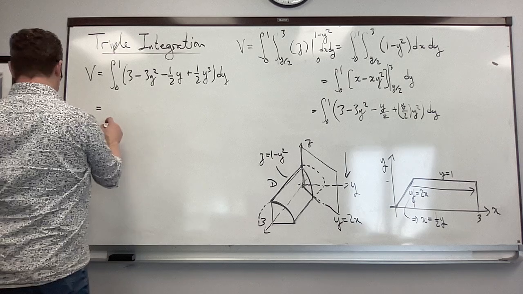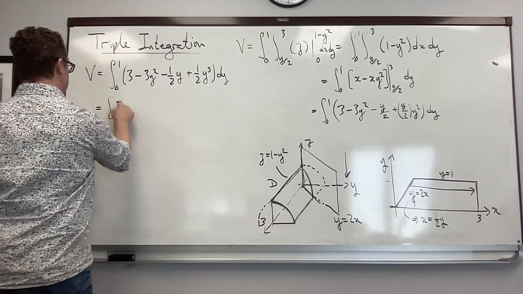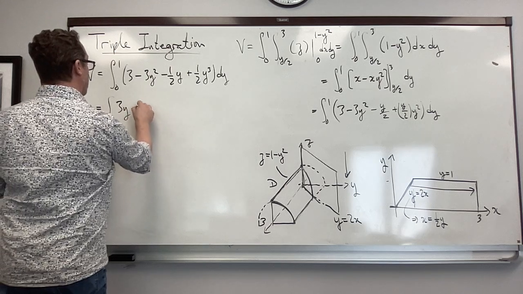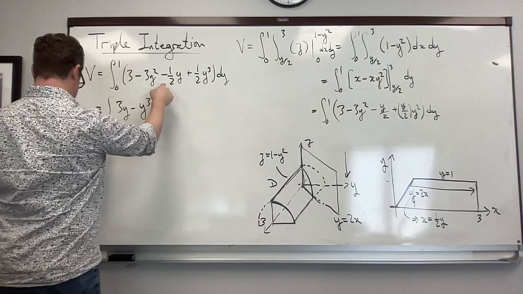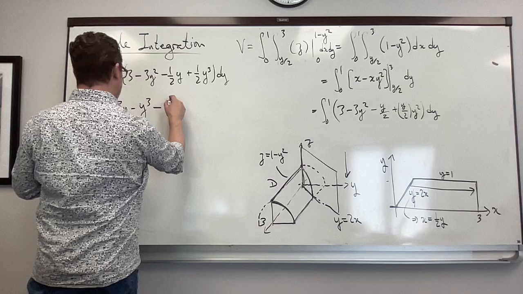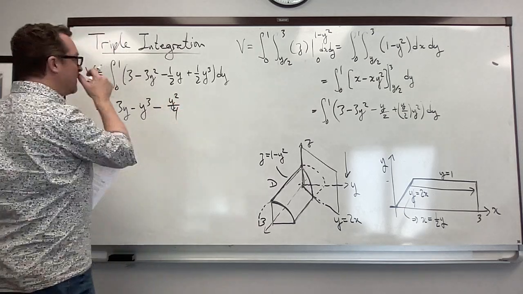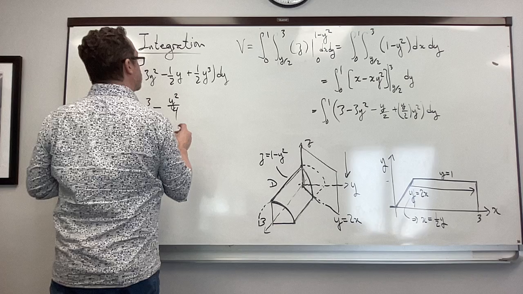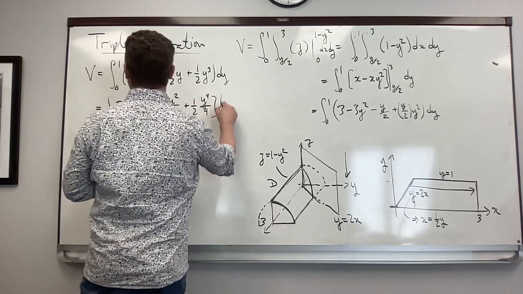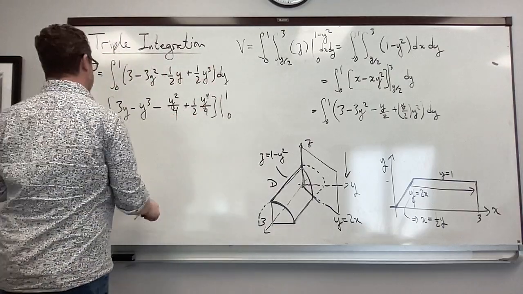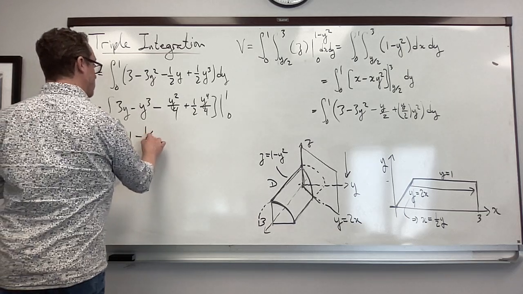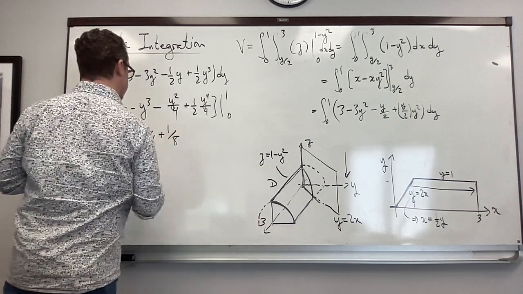So this becomes 3y minus 3y cubed over 3, minus y squared over 4, plus 1/2 y to the 4 over 4, from 0 to 1. The 0 one is going to cancel off, so this is just 3 minus 1 minus 1/4 plus 1/8.